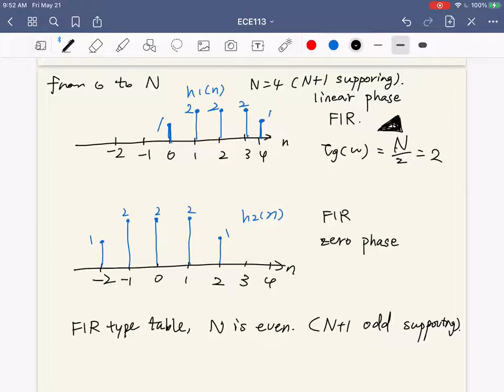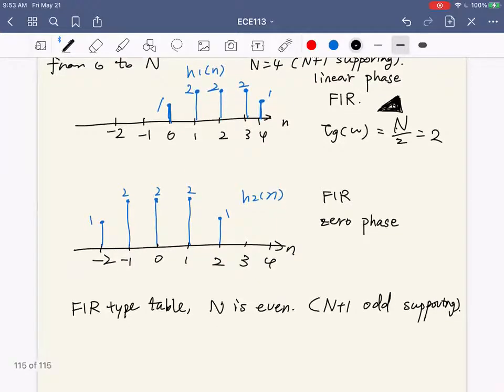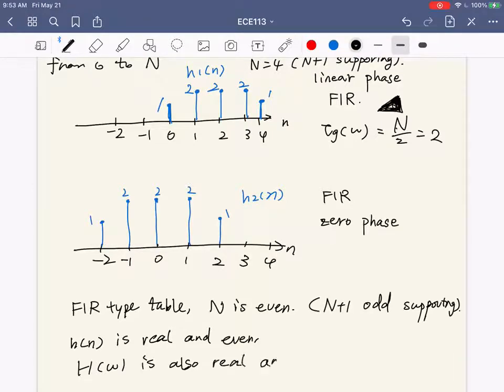Someone asked in the chat box, okay, Amia asked, is H symmetric? Okay, that is a good question. So we need to review an important property: when the h of n is real and even, the H of omega is also real and even.